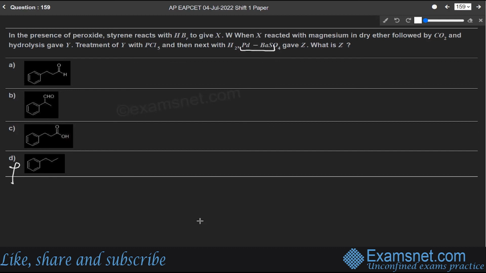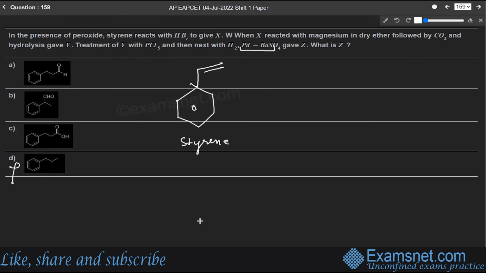So let's go line by line. In the presence of peroxide, styrene. Let's draw the structure of styrene. You have to draw one benzene, and then a double bond here, CH=CH2, right? This is known as the structure of styrene.